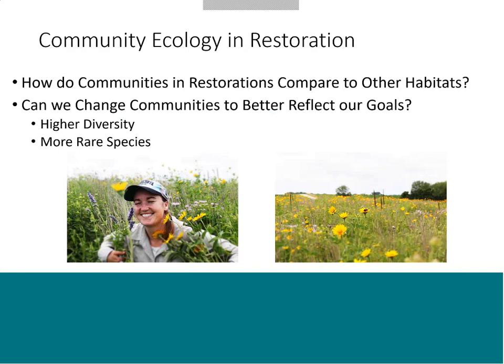So, going back to that first question, how do communities in restorations compare to other habitats? If we put in a prairie restoration, we spend a lot of time trying to make it diverse and have forbs in it. Do we see communities of bees in there that are similar to other types of habitats, such as remnant prairies, or are they their own community?